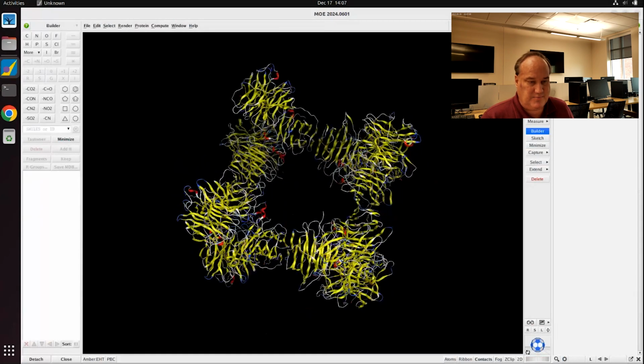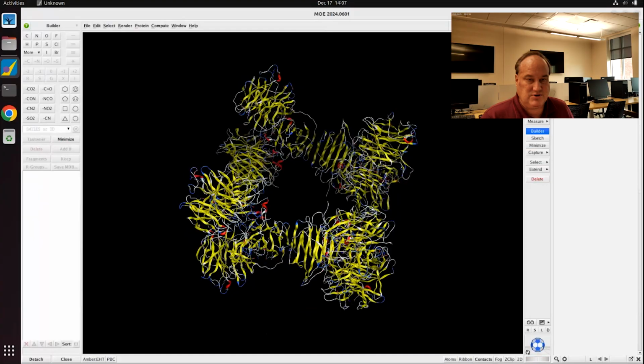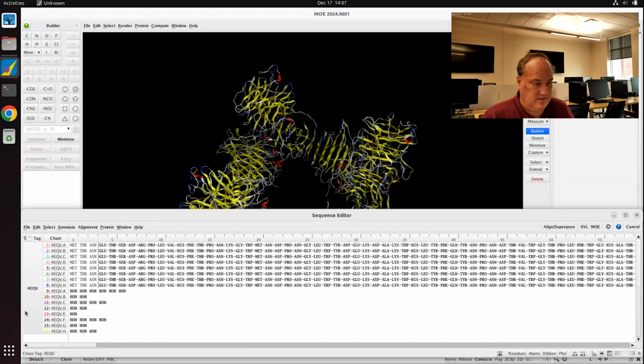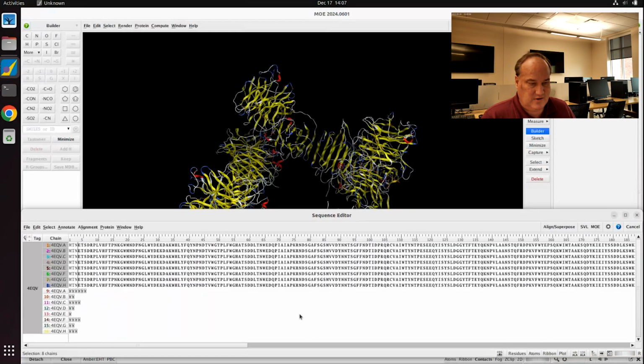This is a pretty large protein. It looks very large. If we look at the sequence editor, we can see that we have several residues. Now when I look at residues, I usually like to go down here and toggle between single and 3-letter codes. I find it personally easier to look at the 1-letter codes instead of the 3-letter codes.